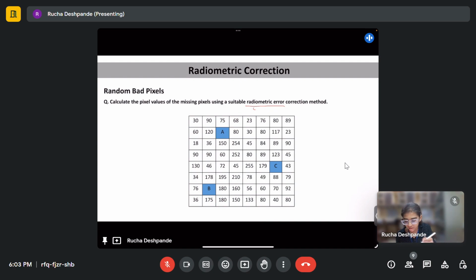Okay, it's random bad pixels, because these pixels A, B, C are scattered randomly in this image. To correct for this error, we will go for the simplest possible method, which is averaging its neighboring pixels. To find the value of A, we would need to average all these pixels.